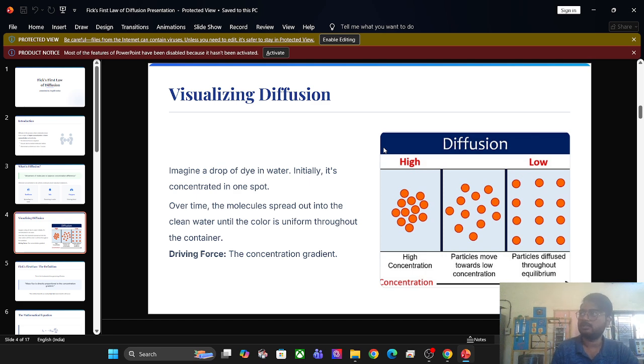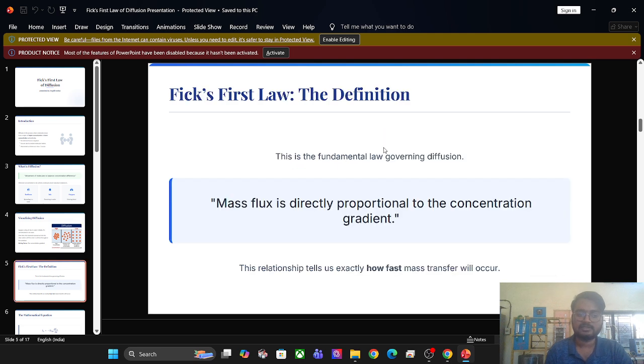If we keep a fan on with the perfume, the diffusion takes place much faster, and it continues until equilibrium is attained. The driving force is the concentration gradient.